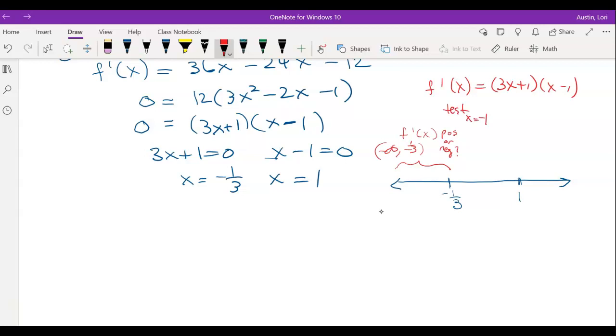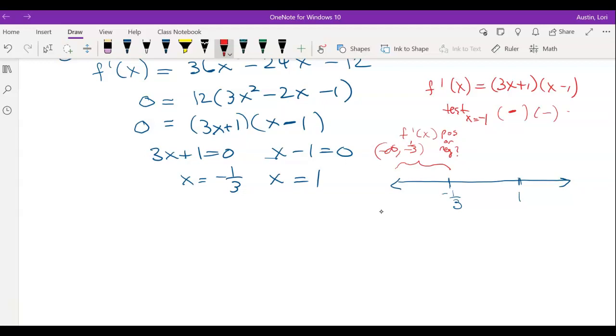Now, what's nice is you'll get used to doing this, and you'll just do it real quick in your head. You're not going to write all this stuff down. I'm writing it down for the notes. We're going to test negative 1. Well, if I plug in negative 1 times 3 and add 1, am I going to get a negative or a positive number? I don't care what the number is. I just want to know if it's negative or positive. I'm going to get a negative, correct? Negative 3 plus 1 is a negative number. What about negative 1 minus 1, negative or positive?